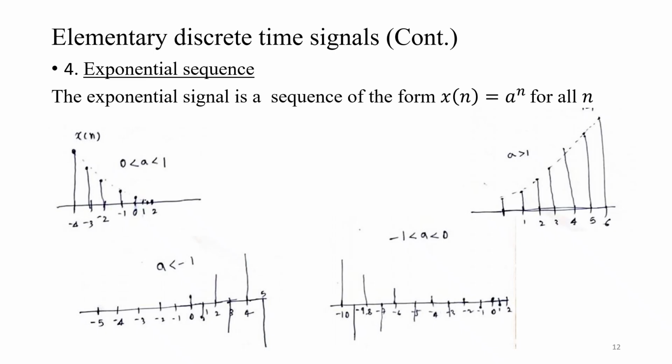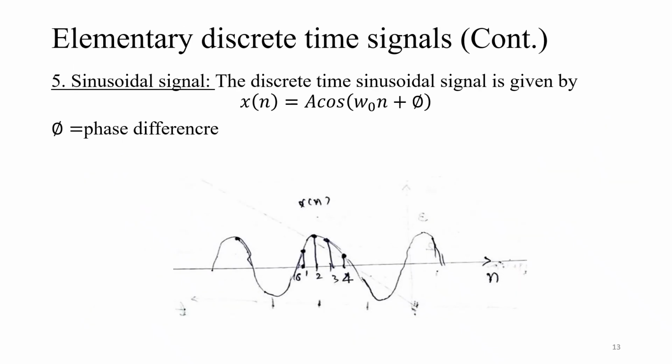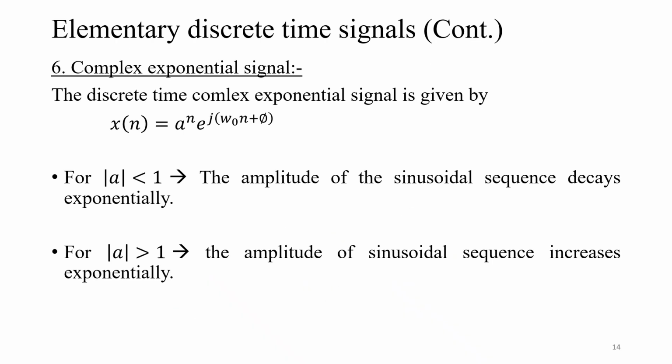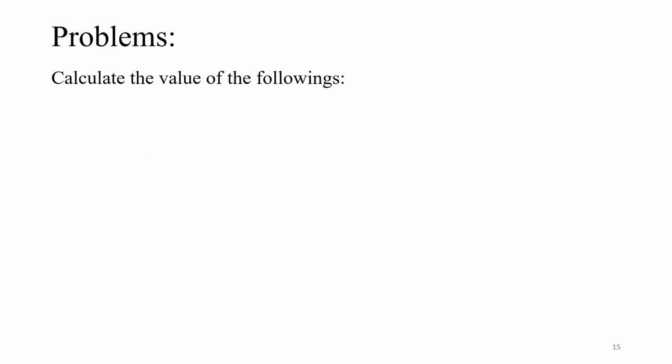If a is more than 1, it will be increasing. This is the sequence. Sinusoidal means sine wave, we represent it by A cos of omega 0 n plus phi. Complex, we represent by x of n equal to a to the n e to the j omega 0 n plus phi. For mod of a less than 1, the amplitude of the sinusoidal sequence decays exponentially, for more than 1 it increases exponentially.